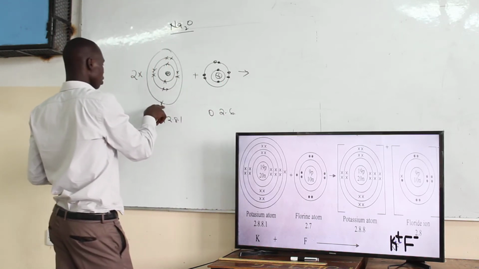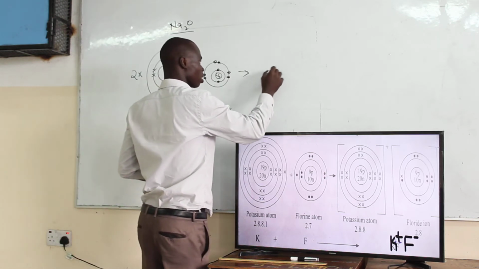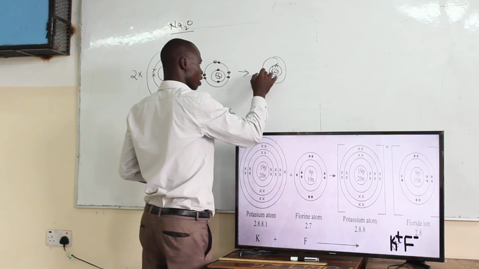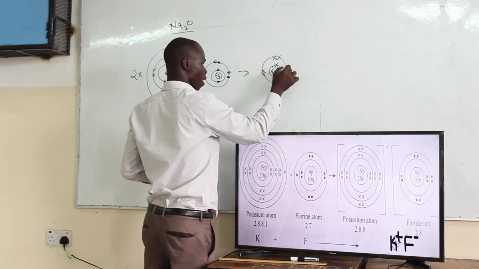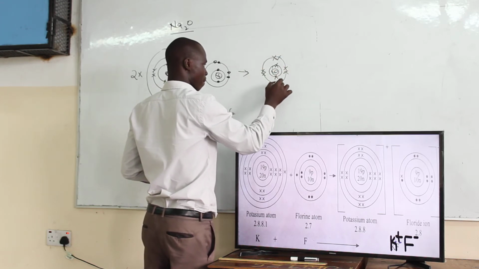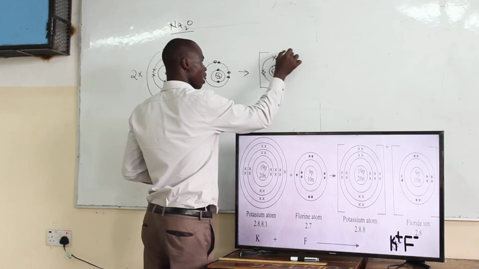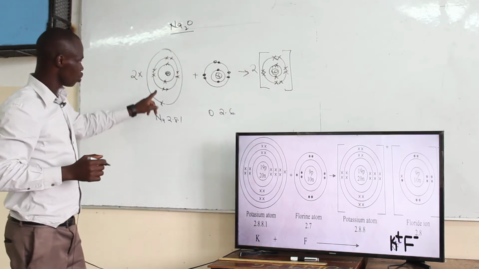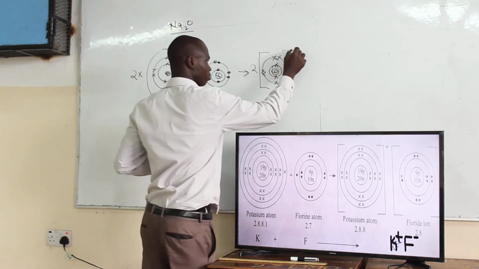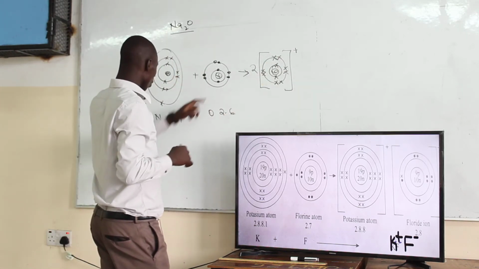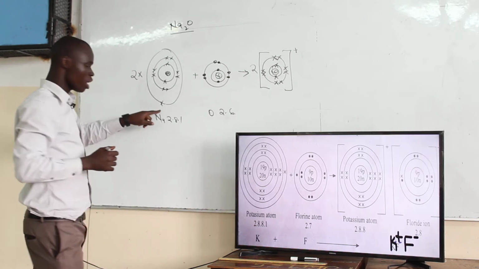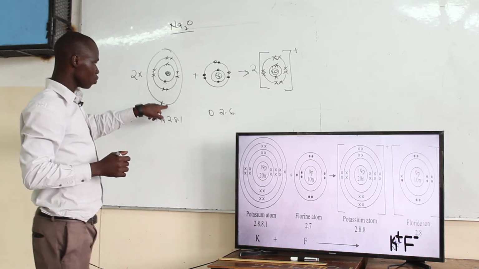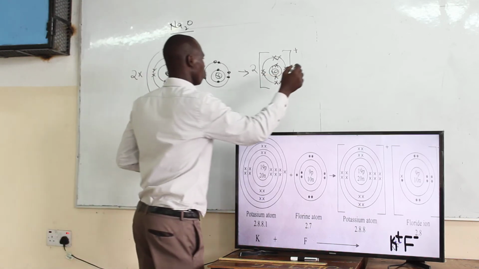Sodium after losing those 2 electrons, remember there are 2 of them, we put 2 outside. Then positive. Then oxygen, after 2 sodium atoms have lost 2 electrons, they are going to end up with something like this.